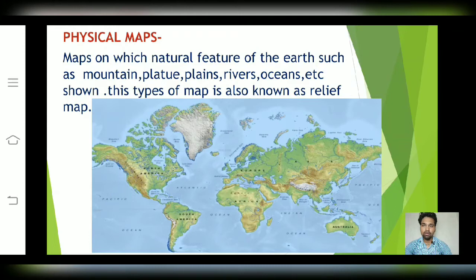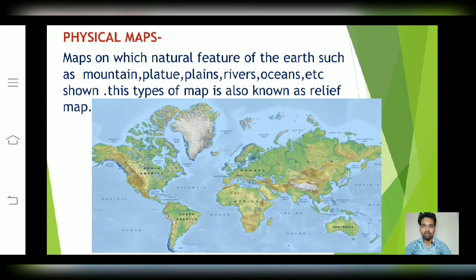The green color represents that the surface is plain or green areas. In the same way, the brown color represents the presence of high mountains, and those areas which are shaded white are basically ice caps, and the yellow area represents the presence of desert.